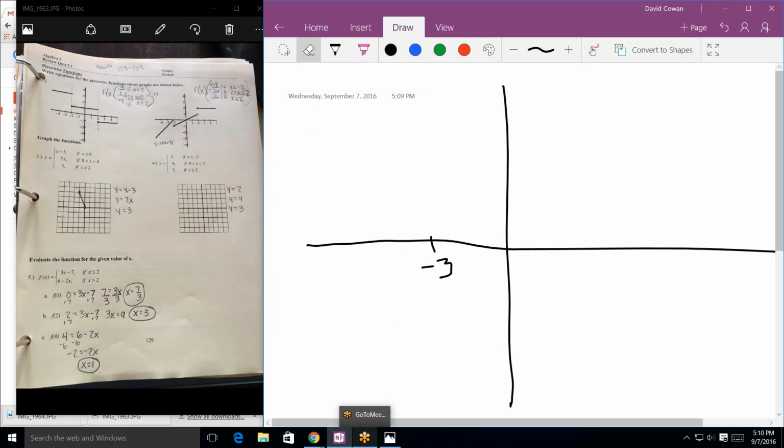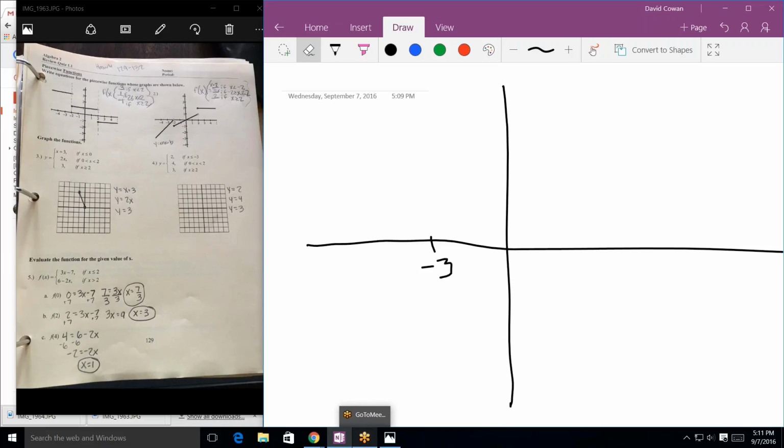And what is the function for that? Y equals 2. How do I graph y equals 2? First of all, what is y equals 2? Is that a vertical line, a horizontal line, or a line that has slope? Horizontal line. In other words, the slope is 0.